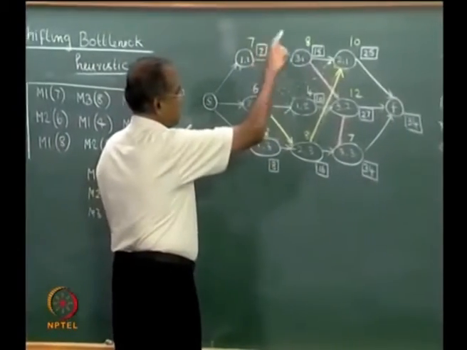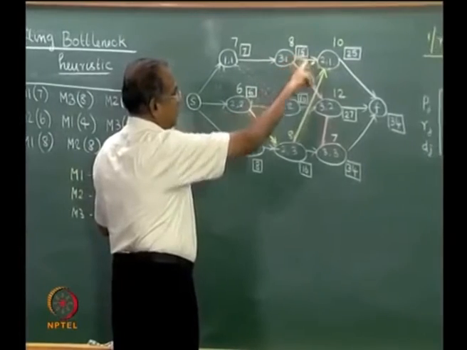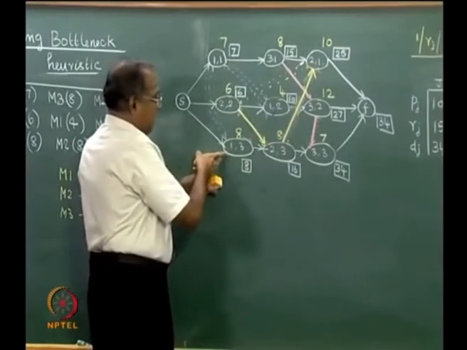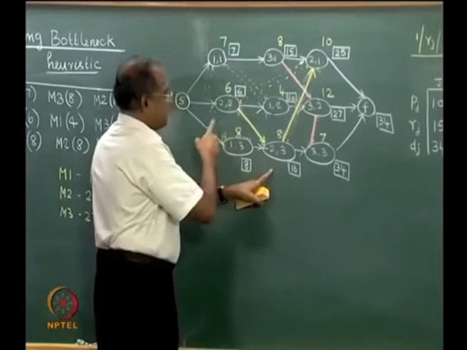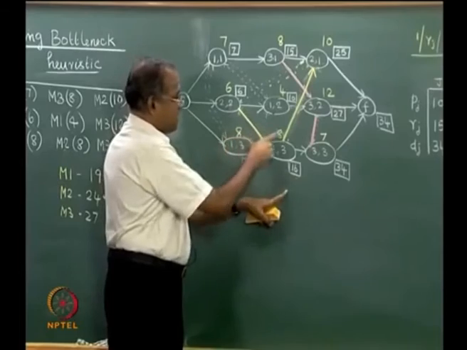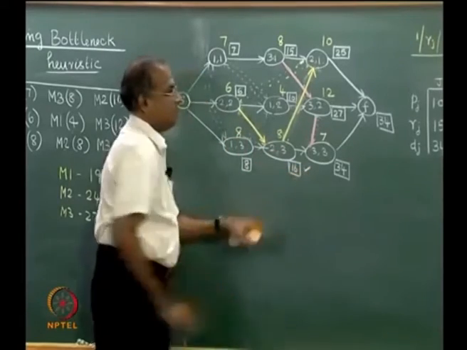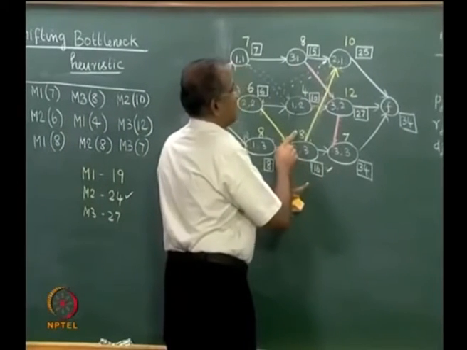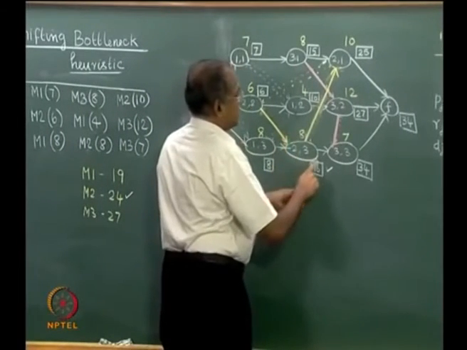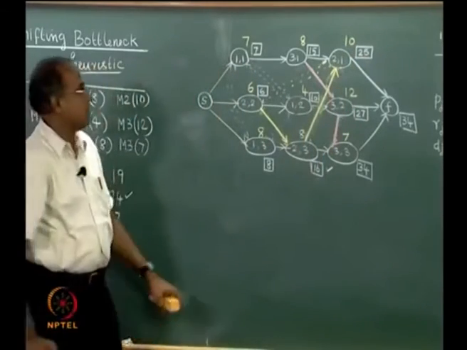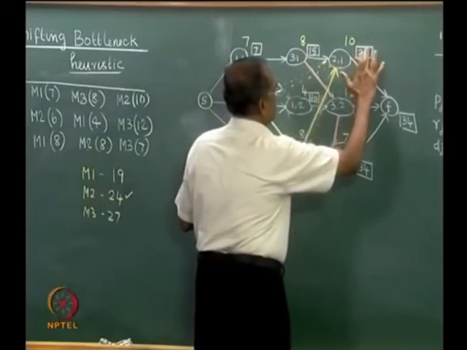So, this is at 7, this is again at 15, so this is at 27. Now, this is at 8. Now, this one is 6 plus 8 14, but then we have 8 plus 8 16, so this stays. Now, this will become 16 plus 10 26, whereas earlier it was 15 plus 10 25.